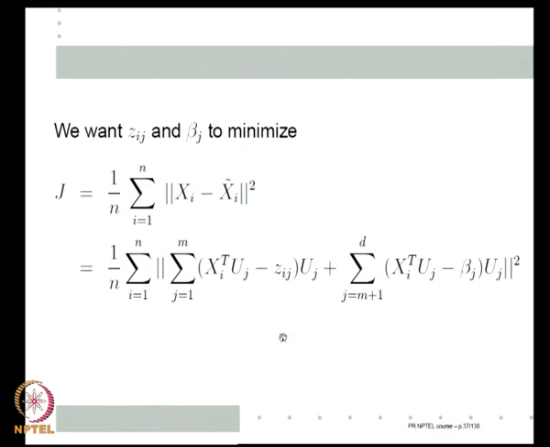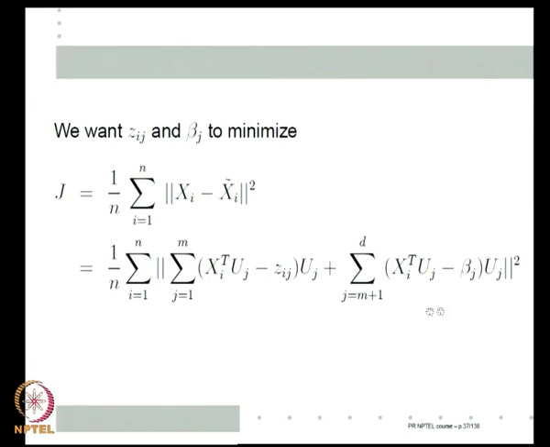So, this is xi transpose uj minus zij into uj, j is equal to 1 to m. From m plus 1 to d, xi still has xi transpose uj, but xi tilde has beta j. Okay. So, everything is still under the norm square. Xi minus xi tilde vector is represented in terms of uj's like this.